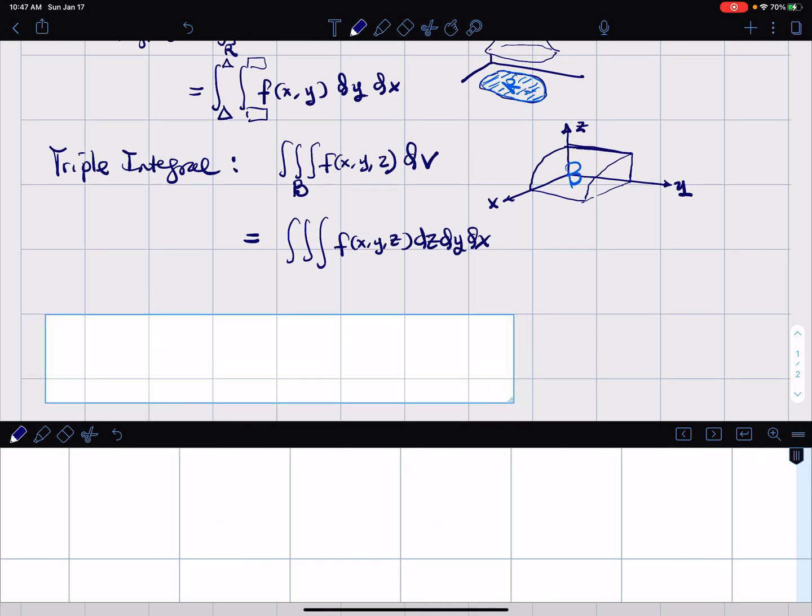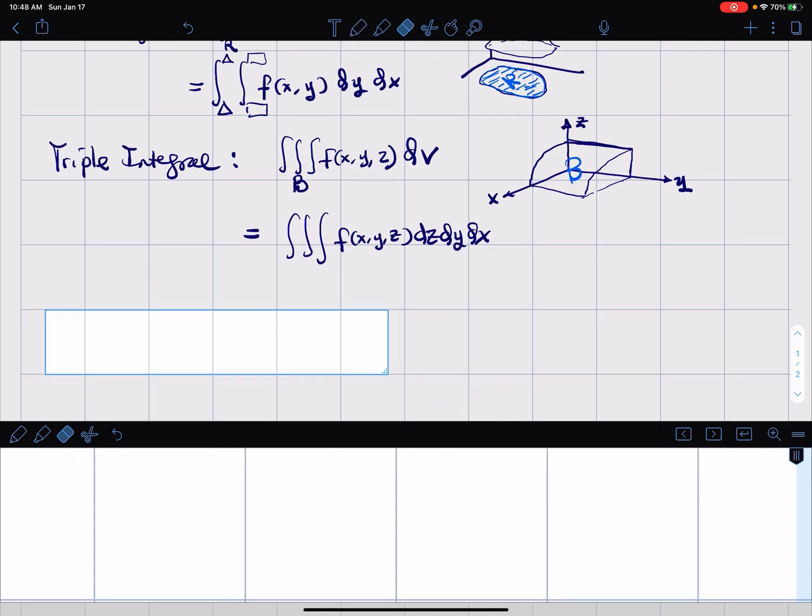Okay, so let's do an example. Let's try the first one.